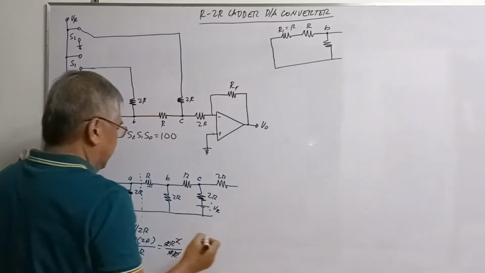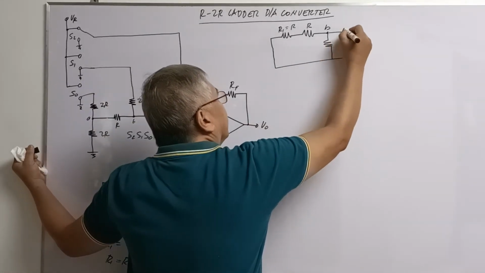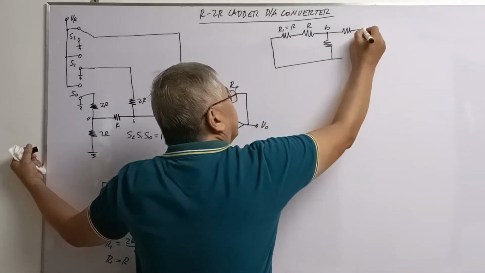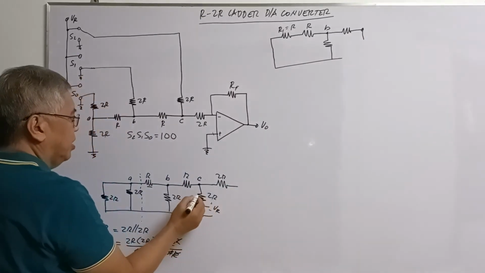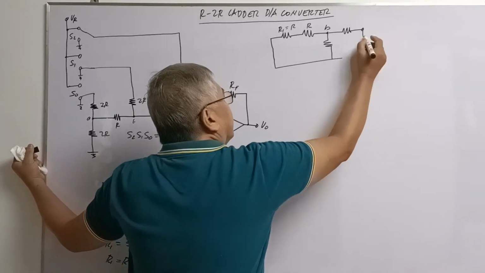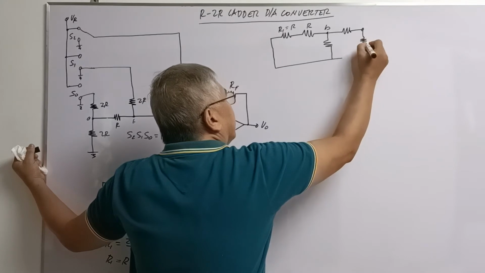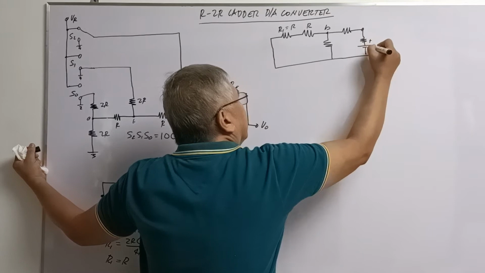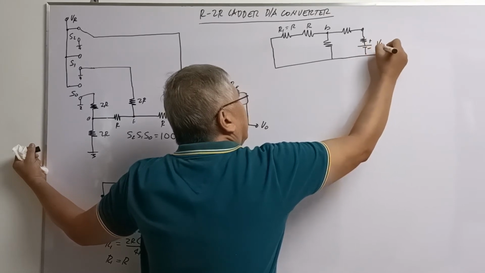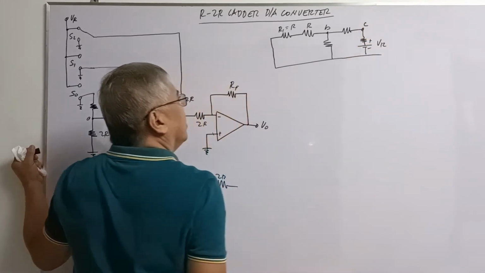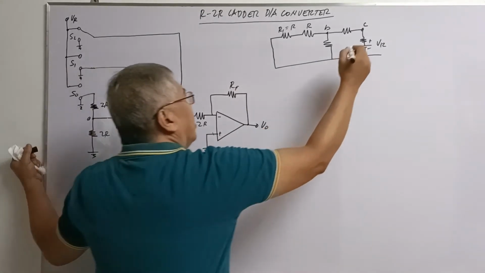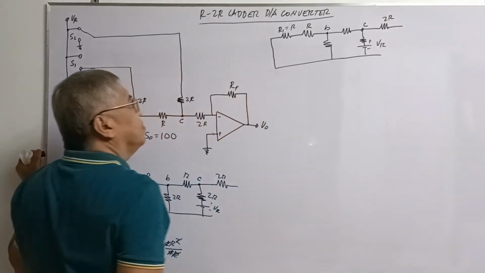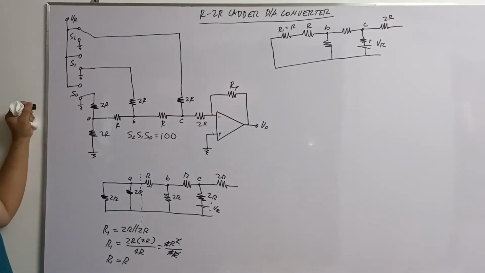Then R, which is this one. Then point C, and connected to point C is your R and your voltage source VR. That is your VR here, and this is your point C. At point C, you have 2R. So that becomes your circuit.